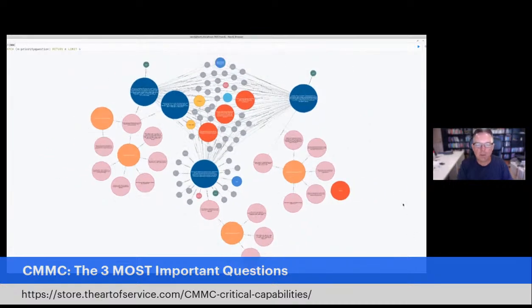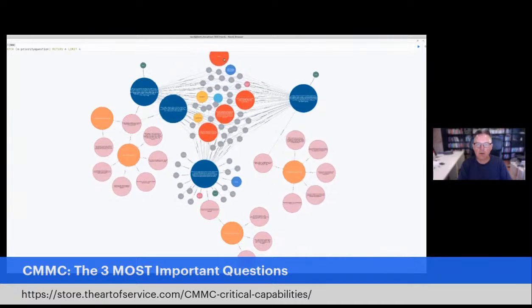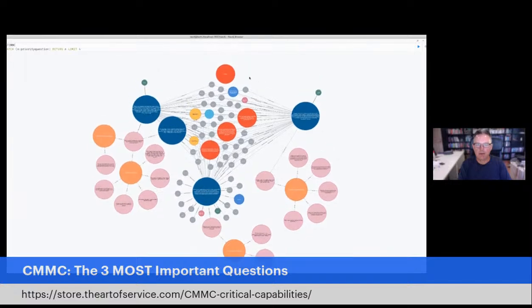So the 3 most important questions, the 3 balls in the middle that I need to ask in my organization related to CMMC to get the conversation going, the activities that I need to have in place in my organization to get that going, and the roles that I need to have in place, plus other questions I can ask of that role. All this to make sure that your CMMC is working fantastically.